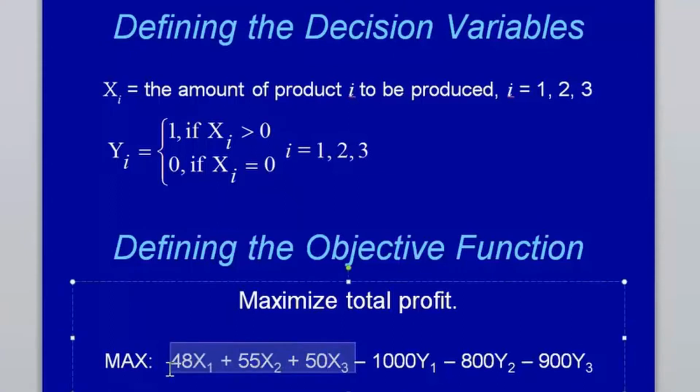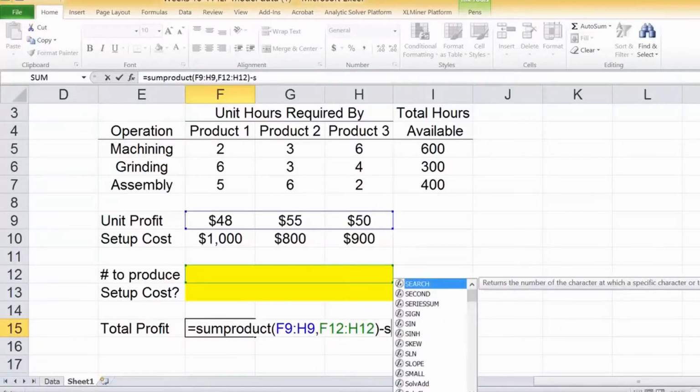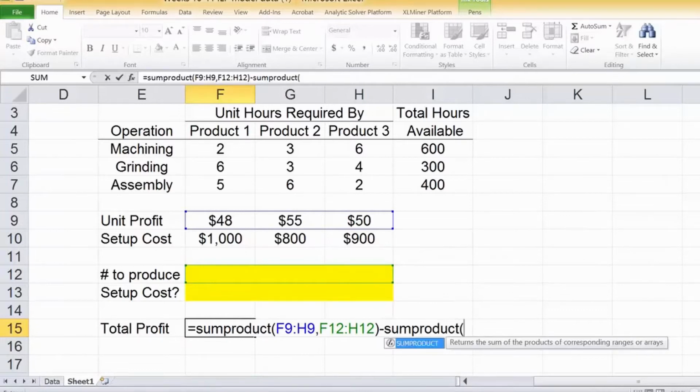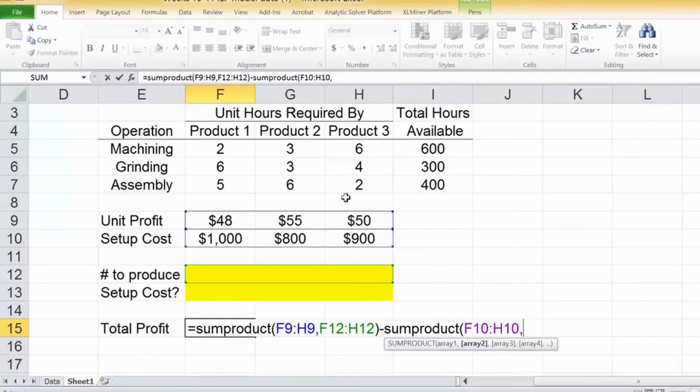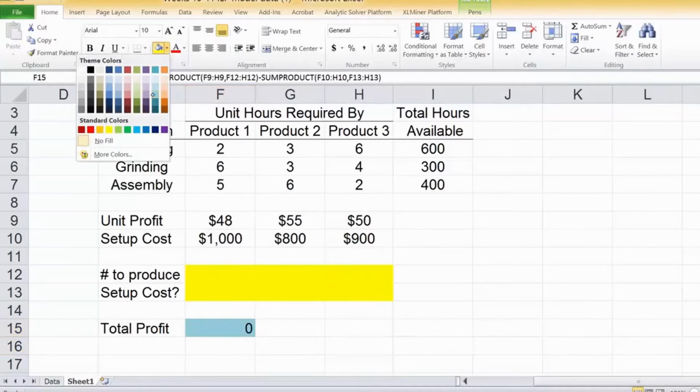And then subtract sum product of the setup cost and the binary variables that will turn them on or off depending on whether they need to be included in this objective function. Okay, so this is the objective function, and I'll highlight it in blue.